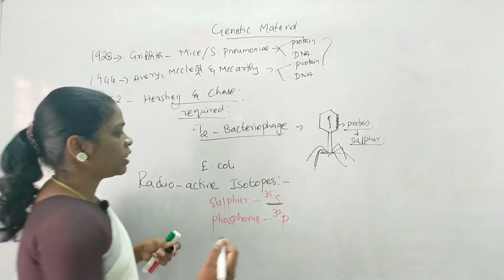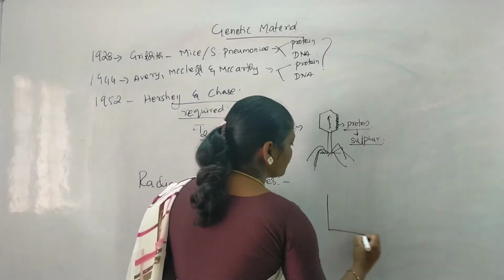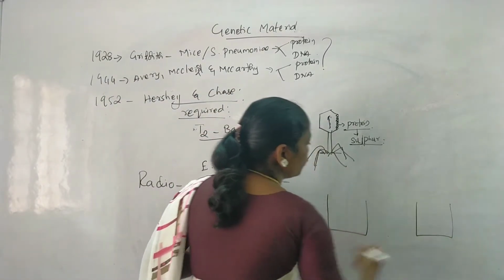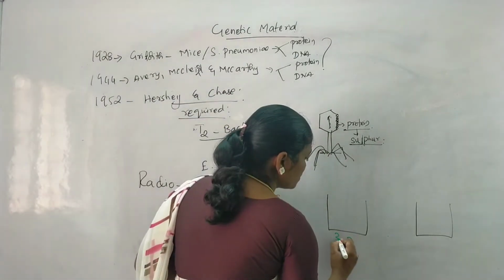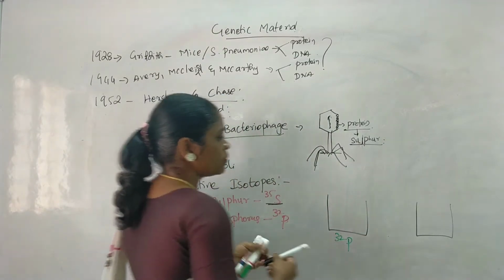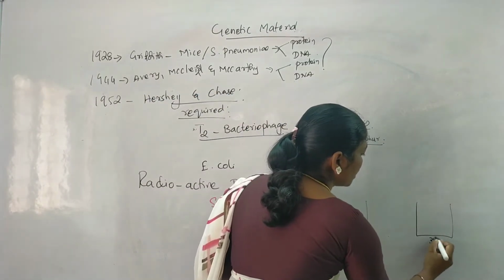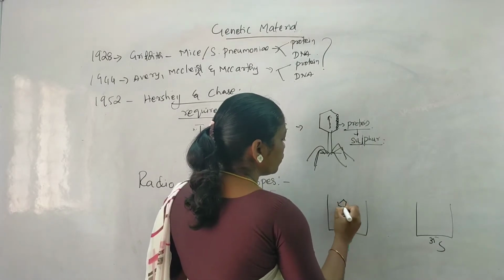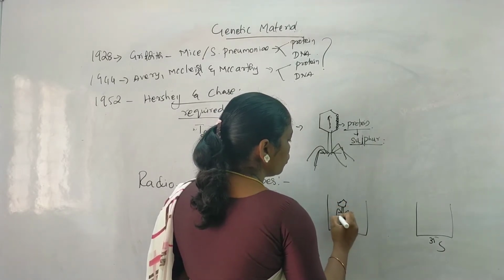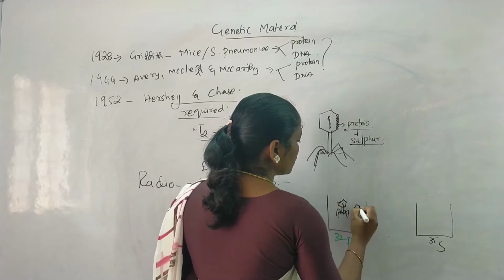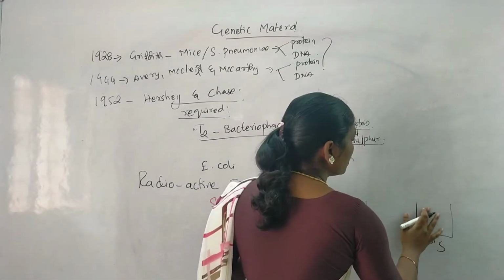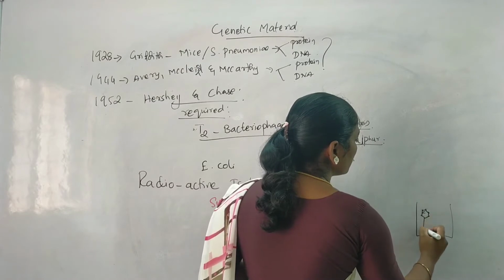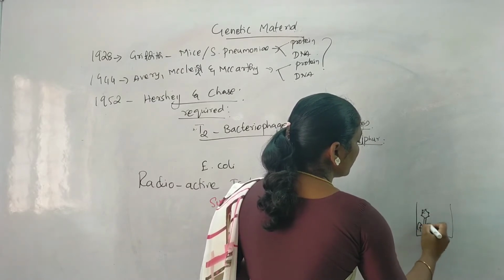So what they have done, they have taken two different cultures. One culture was with phosphorus 32, another culture was with sulfur 35. They made the T2 bacteriophages grow in these media. They allowed the T2 bacteriophages to grow in the medium with phosphorus 32, and in the other medium, T2 bacteriophages were again allowed to multiply in sulfur 35 medium.